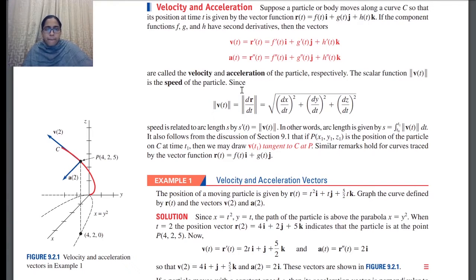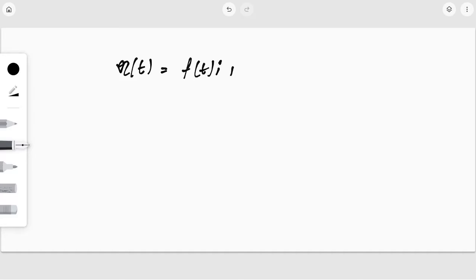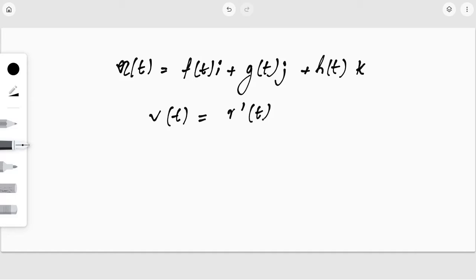Now if r of t, the given vector function, is f of t i plus g of t j plus h of t k, then we know the velocity of this vector function is r dash of t, and the magnitude of the velocity function is called the speed, which is the magnitude of r dash of t.